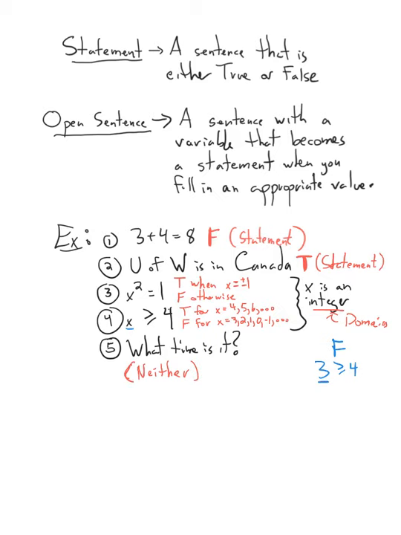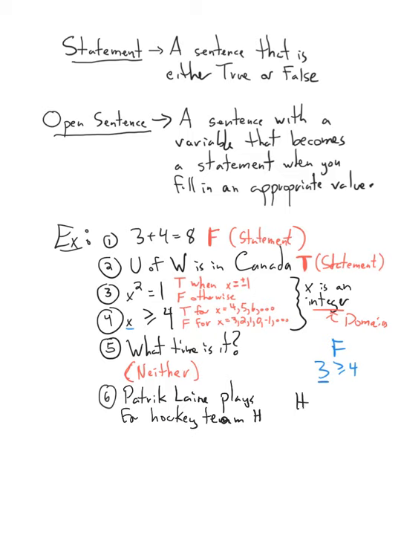And maybe let's do one more open sentence example. So let's do the following. Patrick Laine plays for hockey team h. Let's use the variable h. Now I need to tell you what h can be, what the domain is.